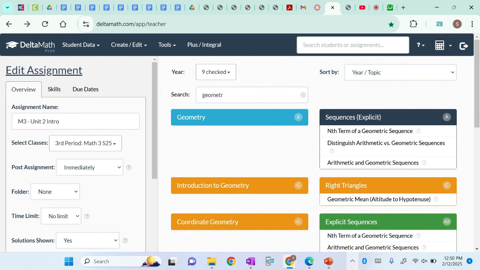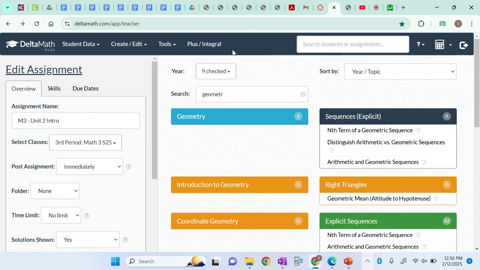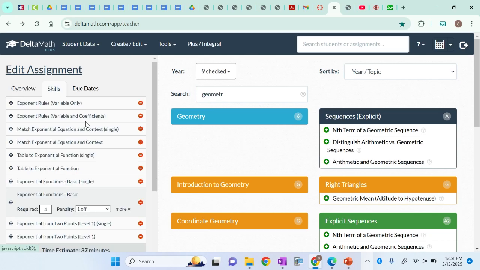And just open it up. Don't click on any numbers yet. We're going to do a couple of these problems together. There's some single problems that will be the exact same that you guys had. So the first one we're going to do is the one that says match the exponential equation in context single. So it's the third one down.